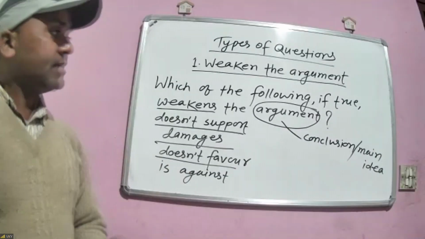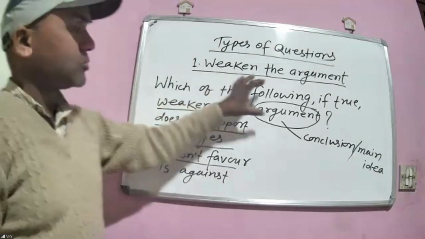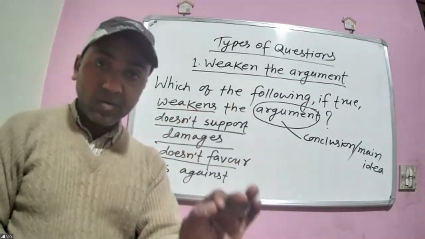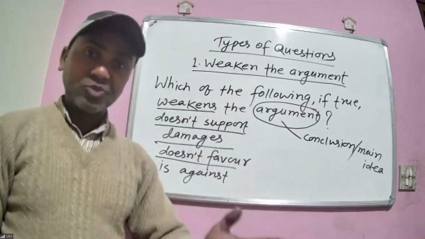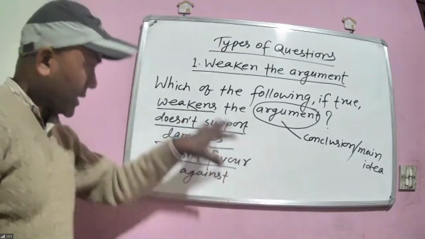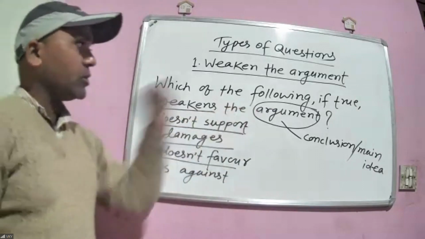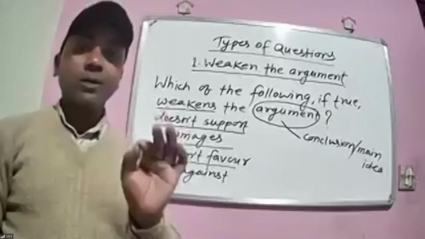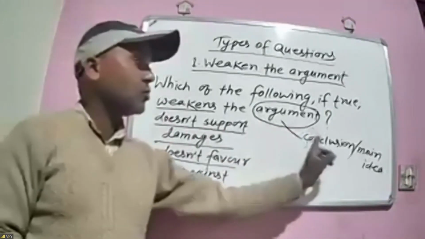And then below the text you will have this question. Whatever conclusion you find after reading the text, whatever main idea you find, whichever option given below doesn't support your conclusion.